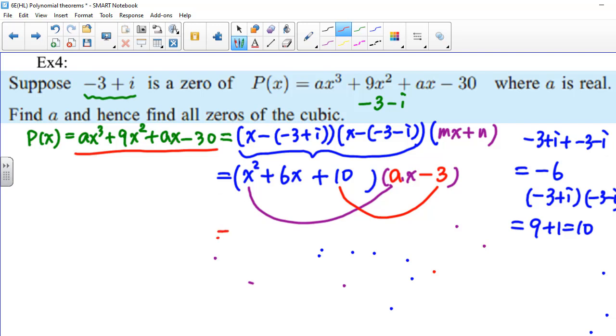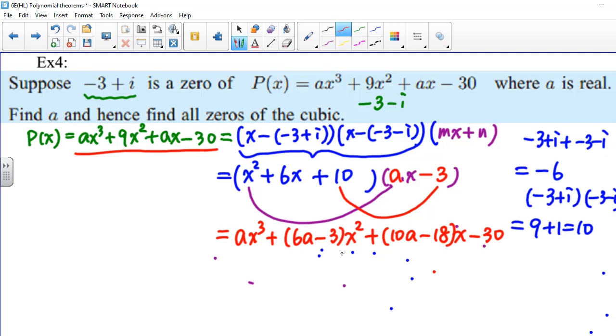And it's also easy for me to expand these two without m and n. So let's expand the product of these two polynomials and combine the like terms. The result of the expanded form is ax cubed plus 6a minus 3 x squared plus 10a minus 18 x minus 30.